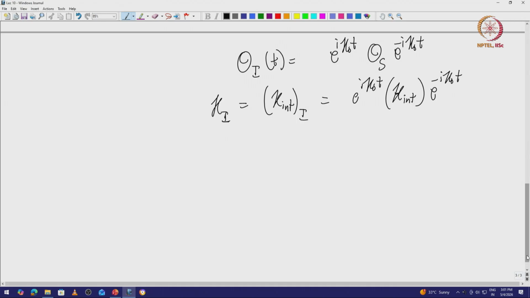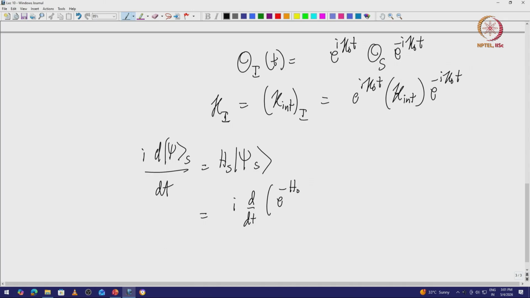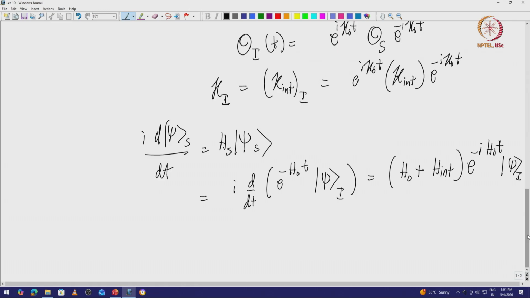For that I will write it down, starting with the Schrodinger picture, del by del t, written in terms of H0 plus H int.